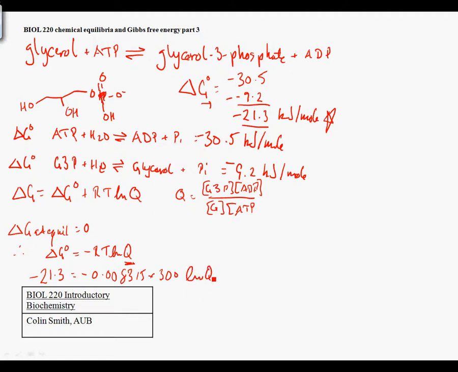I want to know what Q is, so first let me move these terms to the other side.